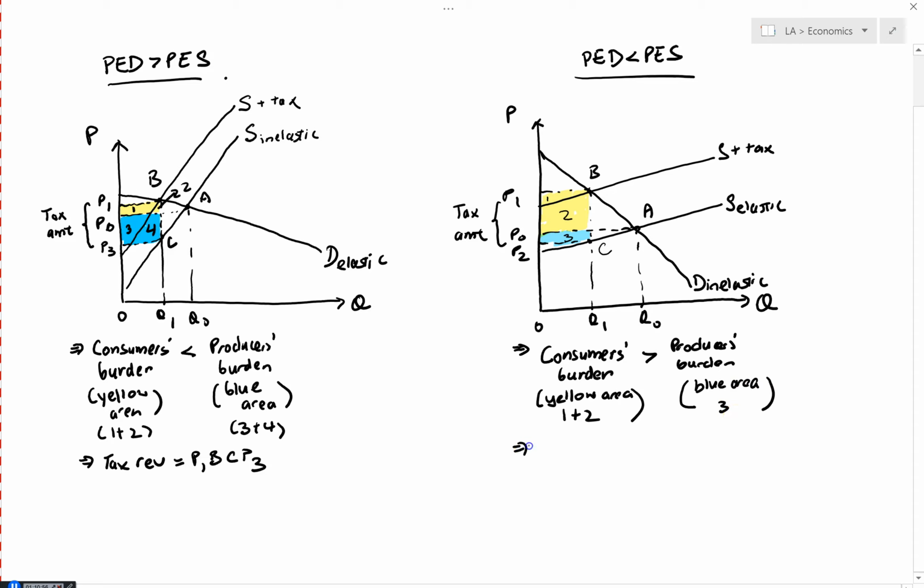Tax revenue is the same thing, P1, B, C, P2. You can just put it at P2 for the left diagram. So you realize that the relative burdens really depend on the differences in slopes.